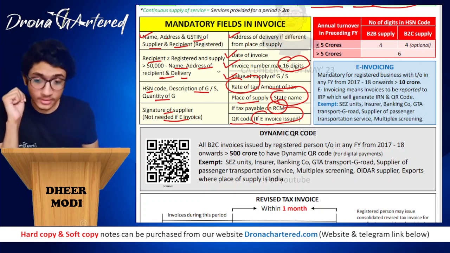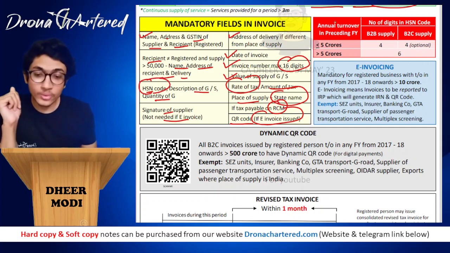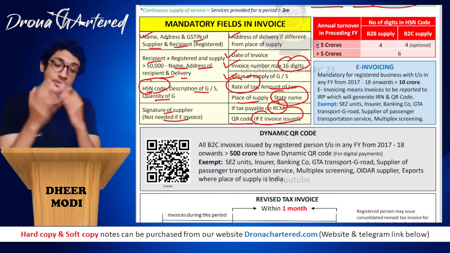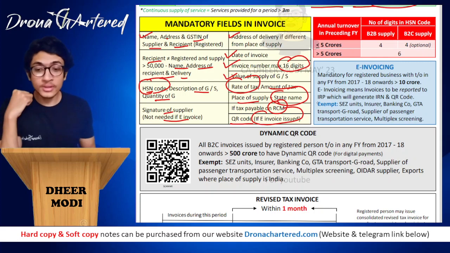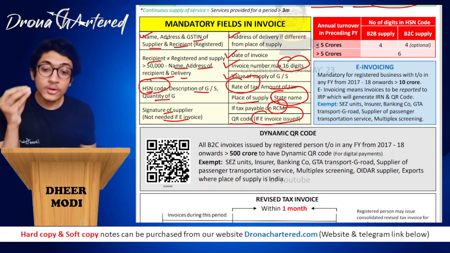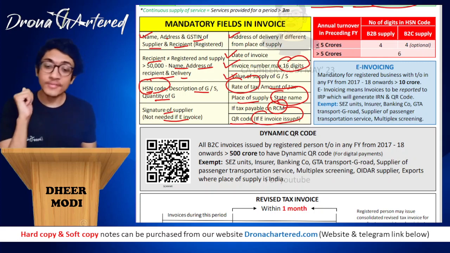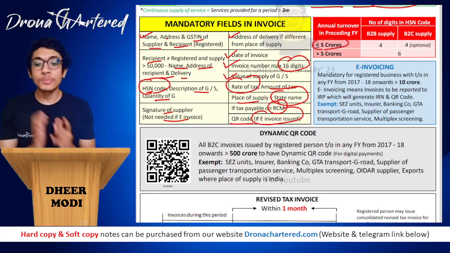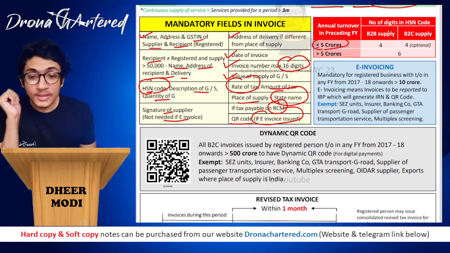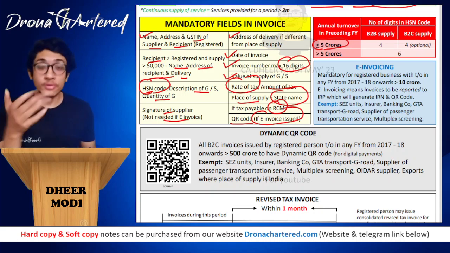So as we did over here HSN code, there is a small provision with regards to HSN code. That is, HSN code is a long number, so how many digits do I have to put in there? If your annual turnover in the preceding financial year, in your last financial year, was up to 5 crore, that is less than or equal to rupees 5 crores, and you are making B2B supply, business to business.